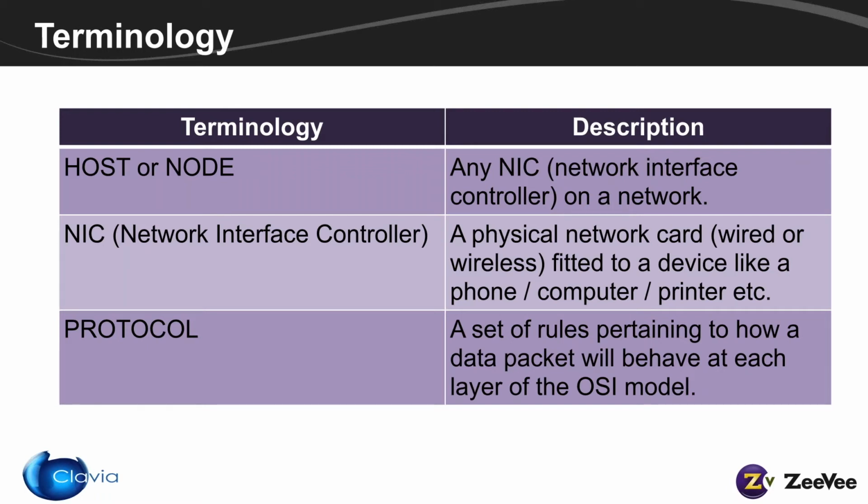So you'll see on the screen some of the terminology that I'm going to be using: the host or a node, which is a device on a network, or more specifically a NIC on a network, a network interface controller. So what is the network interface controller? Well, let's consider this to be the physical network card. If you've ever pulled apart a tower PC before, and taken the side off, you'll see that there are a number of cards slotted into the motherboard at the back.